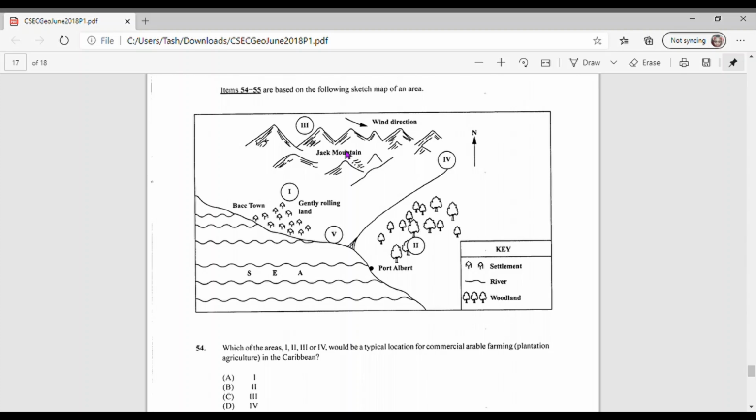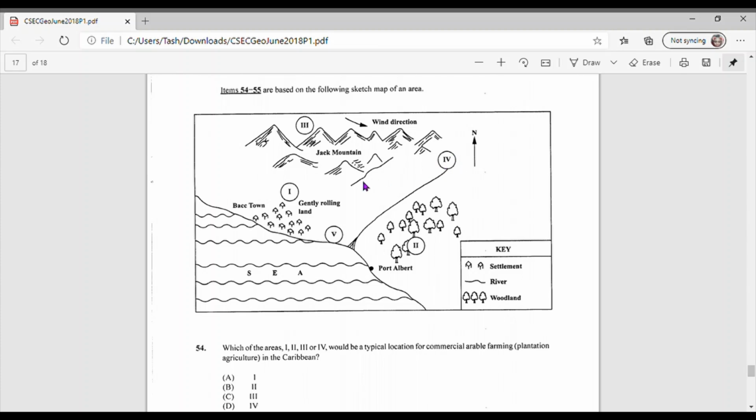Commercial farming relies heavily on the use of machinery, and machinery would need an area which is easy to drive on, as well as the flat land. You need it for the large, vast monoculture that is going to be taking place in the commercial arable farming. So 3 would certainly be out. 4 is at the source of a river. Rivers usually start at highland as well, so 4 would also be out.